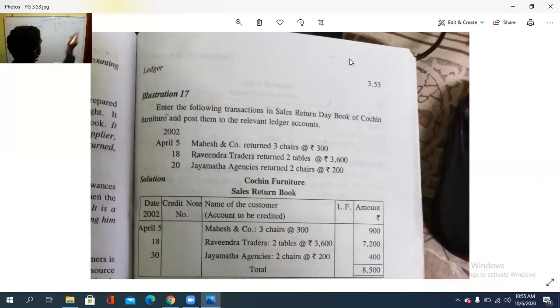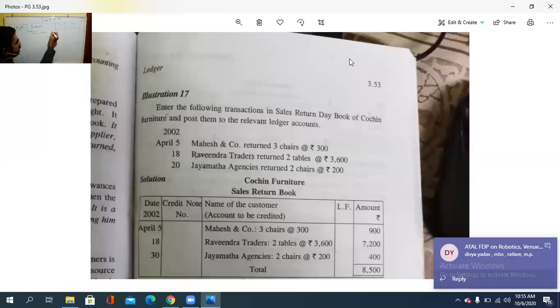Okay, how it is to be. Firstly, on April 5, credit note number nothing, Mahesh and Company returned 3 chairs at the rate of rupees how much? 300. So 3 into 300, 900.